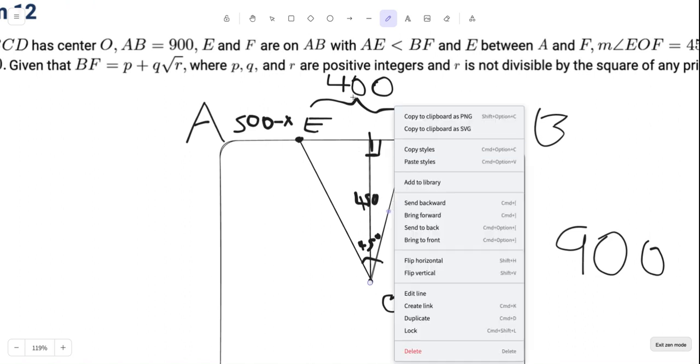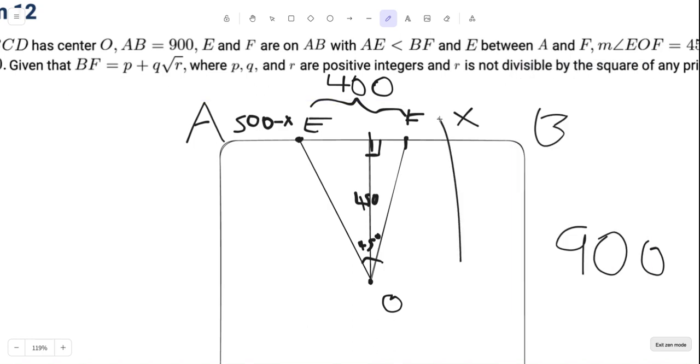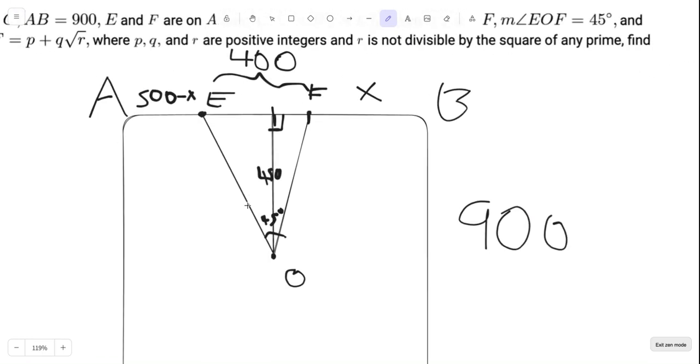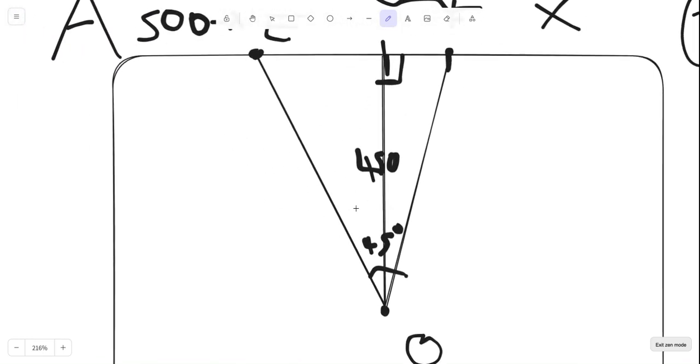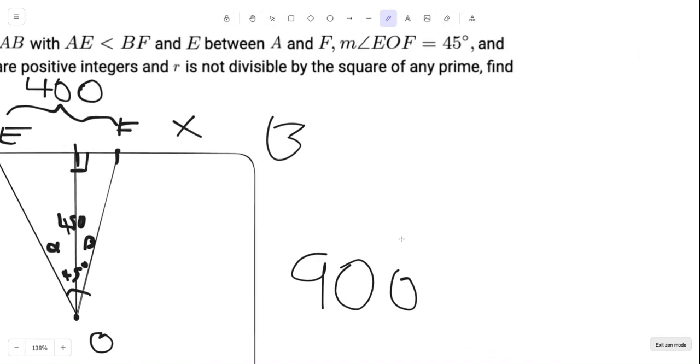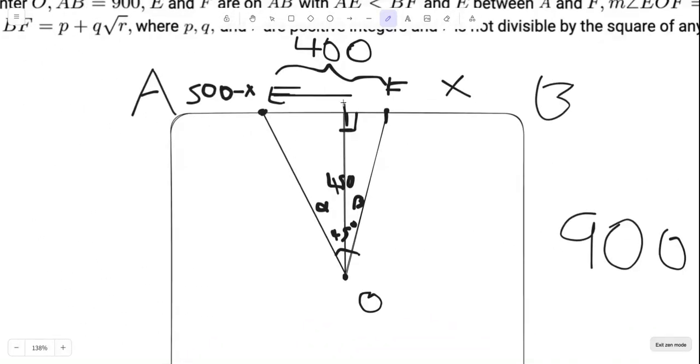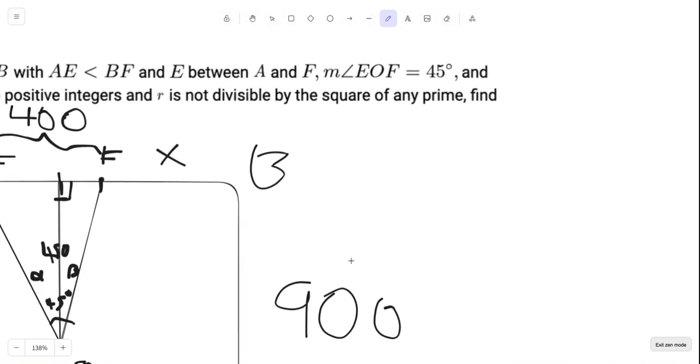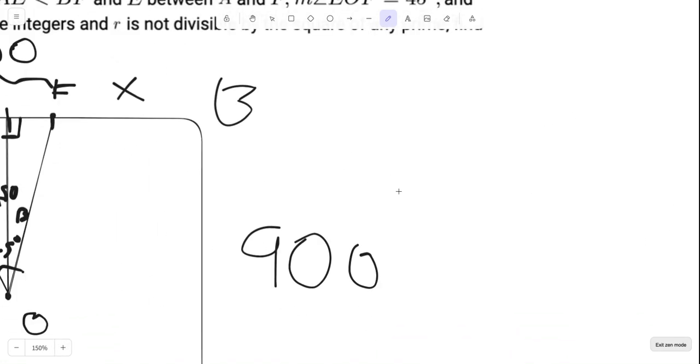Now we can also do something else with this altitude. We can split the angle into two angles, alpha and beta. So this length is just 450 times tangent of alpha, and the same goes for beta. So we can add those tangents.